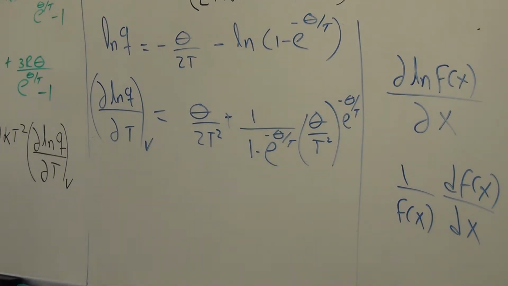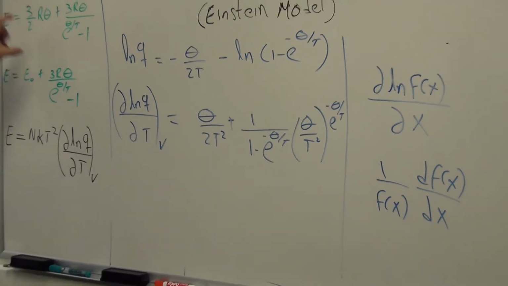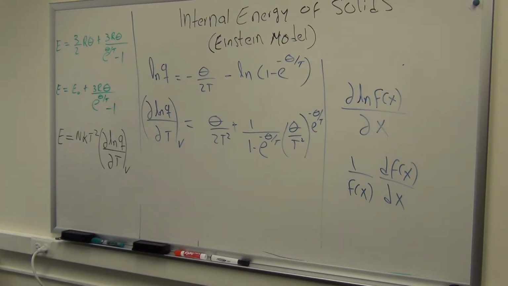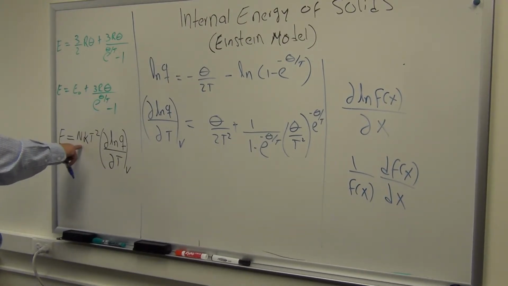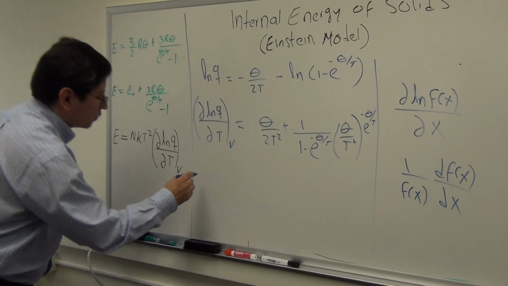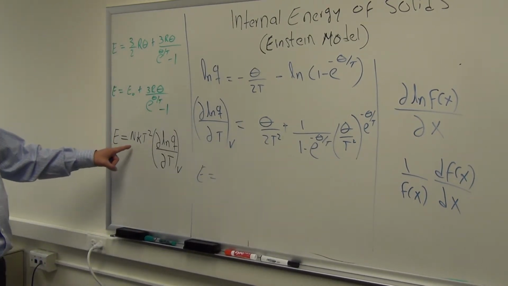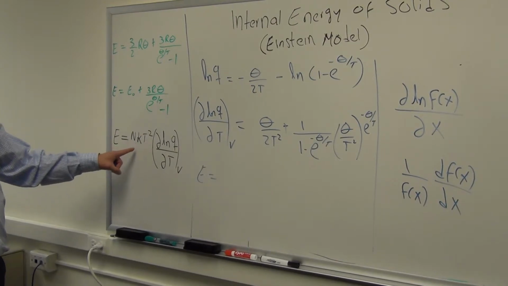So this is what we have so far. Remember, we tried to get here. And this is what we have so far. So what is it that is needed? We have this part, just multiply by nk. So energy then is equal to, all I have to do is multiply by nk.